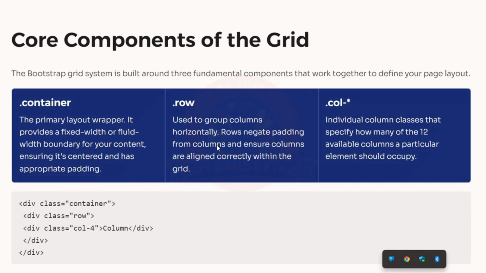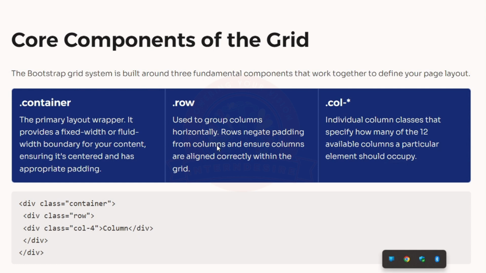Core components of the grid. The grid system is built around 3 fundamental components that are known as core components. That is, first is container, row, and col. Dot container is a fundamental class where we store our content. Dot row is used to group columns horizontally.